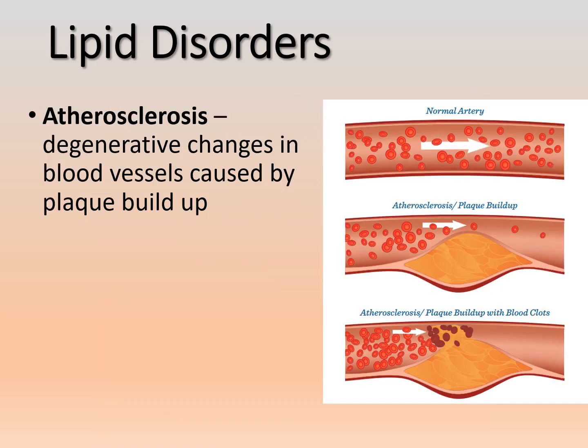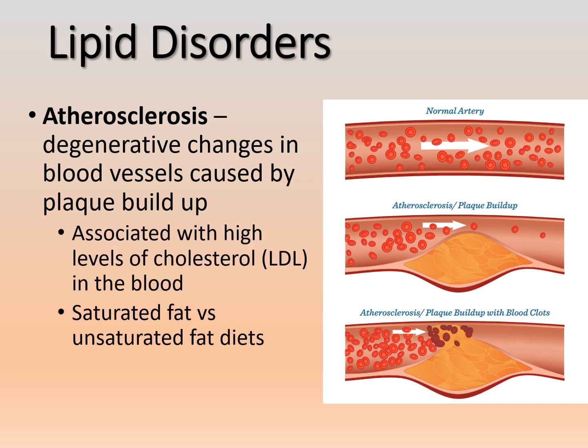Another disorder we see is called atherosclerosis. Essentially that's that plaque buildup in our blood vessels, especially in our arteries. We have too much of that LDL, that low density lipoprotein carrying the cholesterol through the blood, and it gets really sticky and sticks to the walls of the arteries, and you can create blood clots, blockages in these arteries from the atherosclerotic plaques.